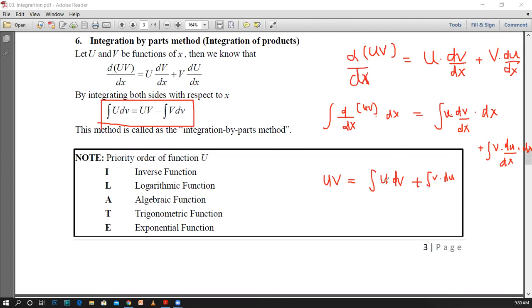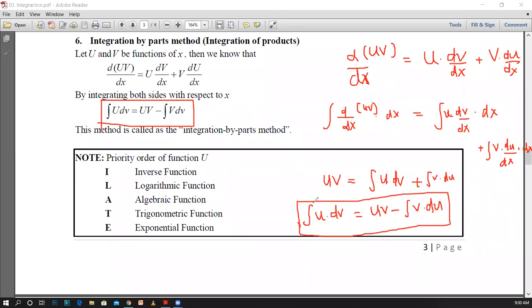Therefore, I can isolate the integral of u dv on one side. The integral of u times dv is now equal to uv minus the integral of v du. This is the method that we call the integration by parts technique, and this equation will be used for calculations in integration by parts.